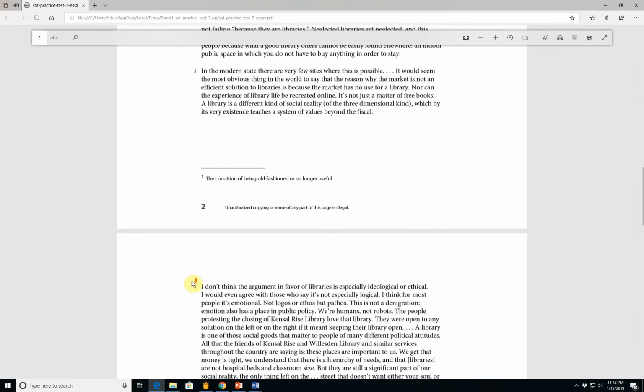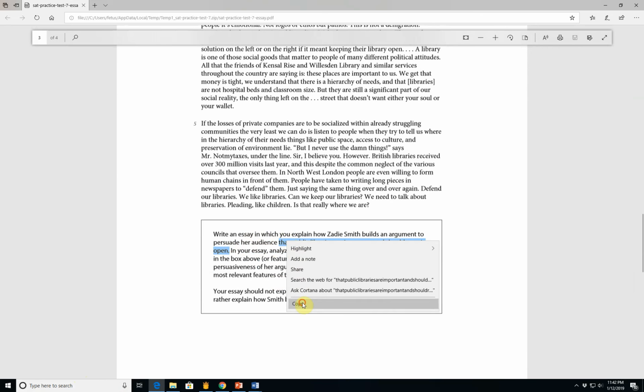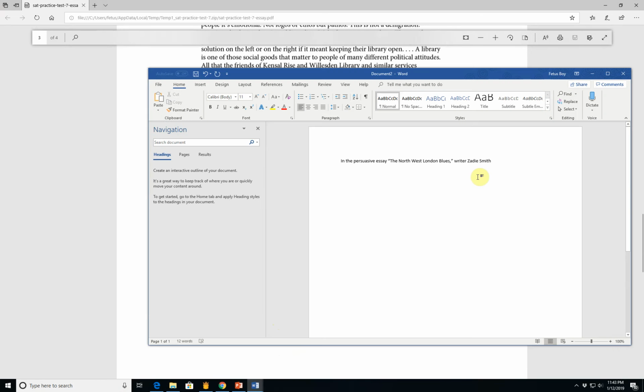We're going to copy this. Again, I can do this and you can't, so nah. But anyway, writer Zadie Smith uses ethos, facts, and authoritative, okay, well, let's say commonly accepted ideas.